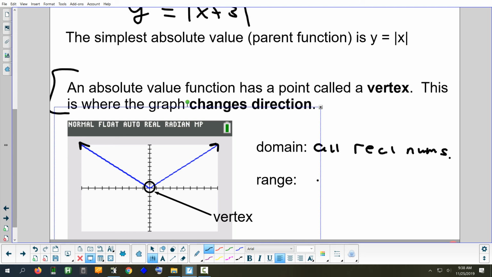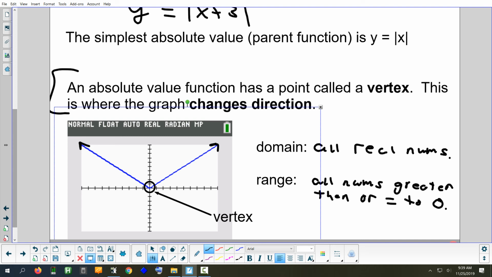So the range is all numbers greater than or equal to 0. Right? That's the range. 0 is the lowest, and it goes up forever. And that part should kind of make sense because think about what absolute value means.